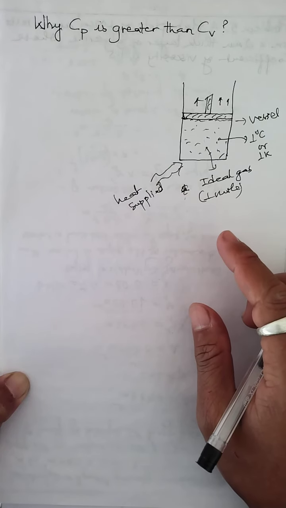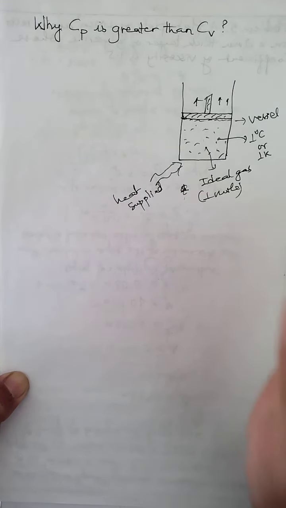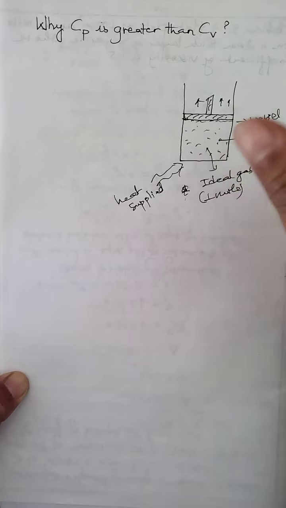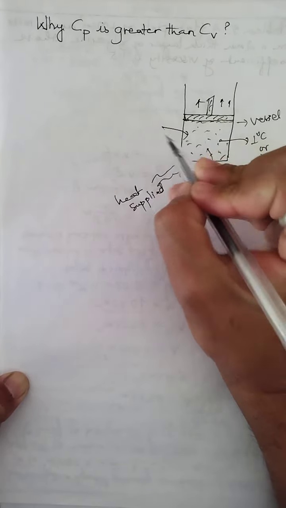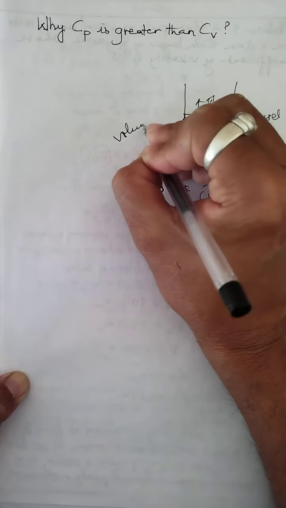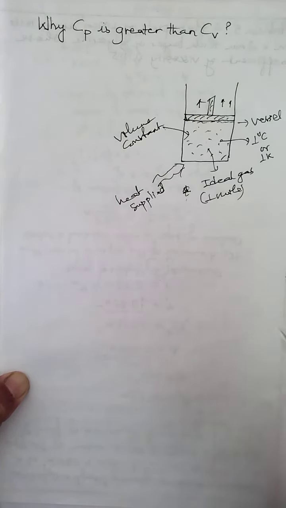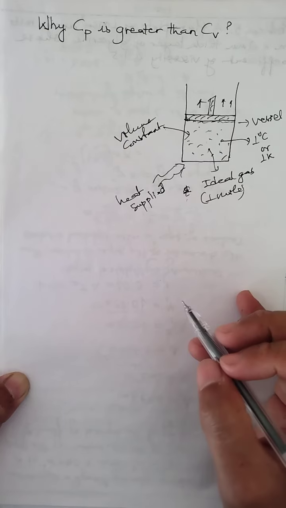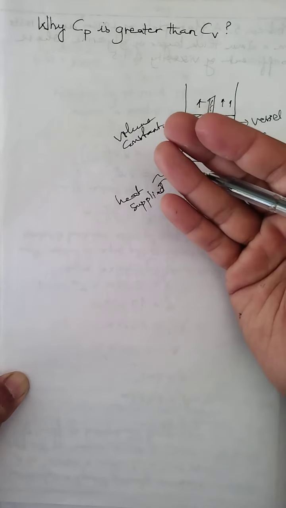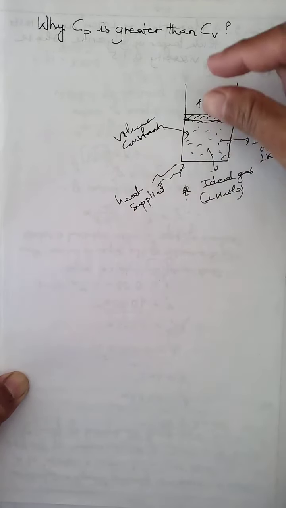But we can maintain the volume of the gas constant, even though the gas would expand. But how to maintain the volume constant, even if you are supplying heat to the gas and the piston is trying to move upward?